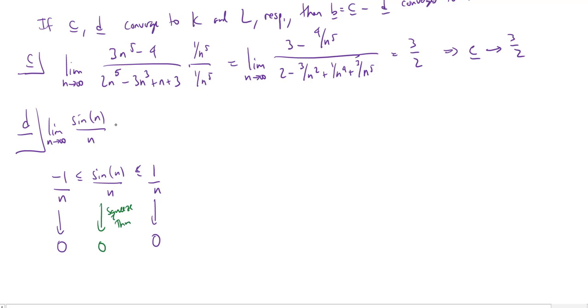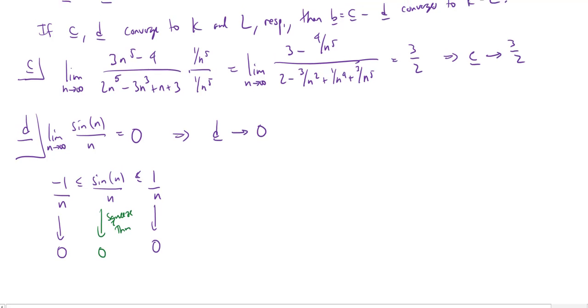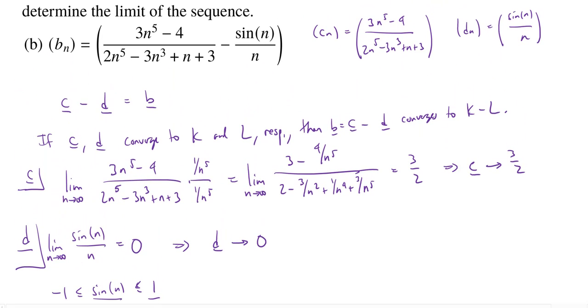So we conclude that the limit is 0, i.e. the sequence d converges to 0. So it follows, by what we were saying up above, that this original sequence b is going to converge to 3/2 minus 0, or 3/2. Not too bad. Not too bad at all.